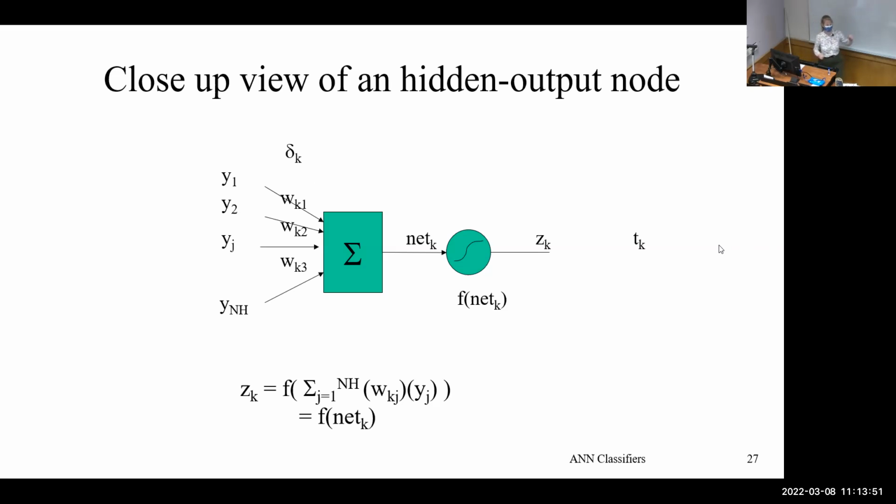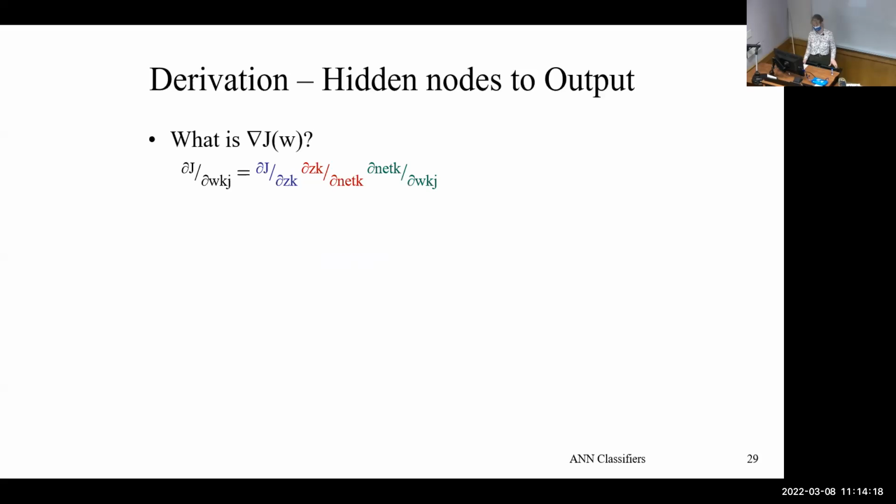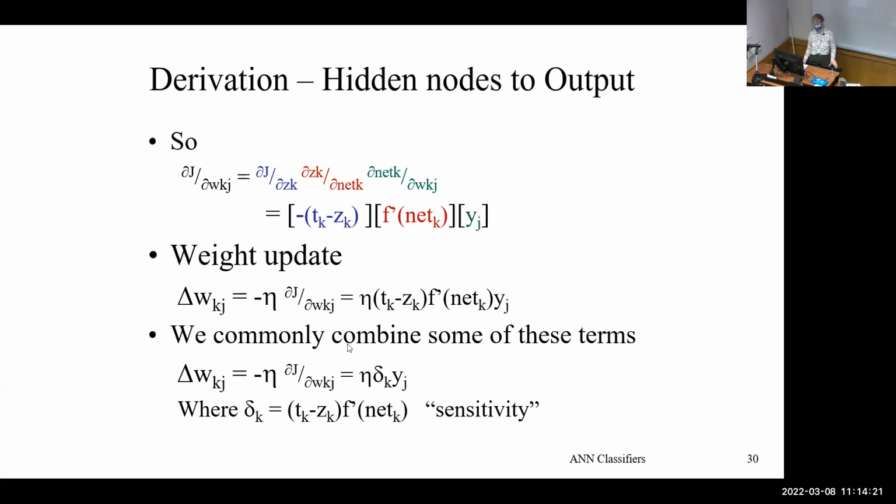These numbers will be different for the first A than they are for the second A, than for the 10th A, than for the first C. Every time you put a new one in, you're going to get new Ys, new nets, new Zs, and the Ts will change when you switch from A's to C's to E's. And every time you give it one, you're going to be able to get a value for delta K.